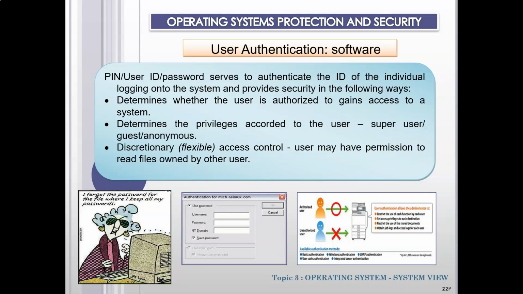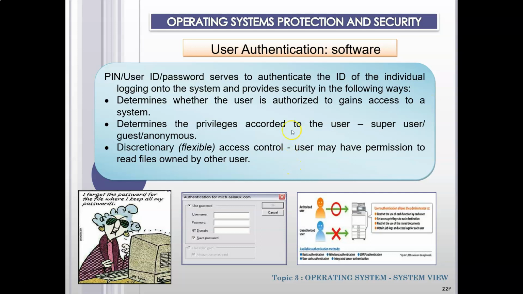PIN and ID password is to authenticate the ID of the individual logging on to the system and provide security in the following ways. The password will be able to determine whether the user is authorized to gain access to a system and to determine the privilege accorded to the user: super user, guest, anonymous.